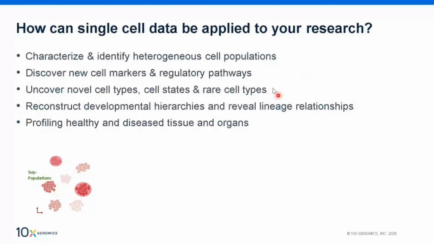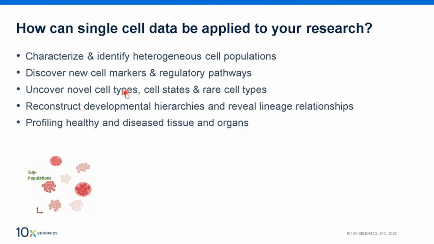So how can single cell data be applied and help in cancer research? We can characterize and identify heterogeneous cell populations, for example different mutations of the cancer cells in the tumor, or the normal cells and the interaction of the immune cells with the tumor.